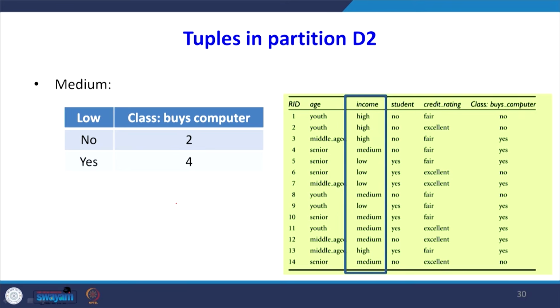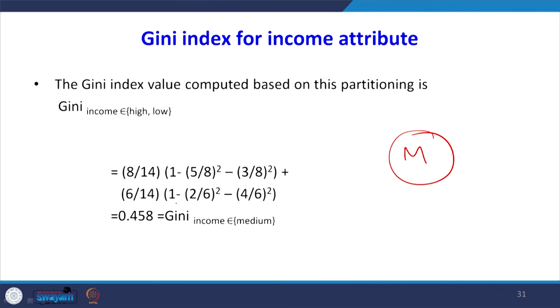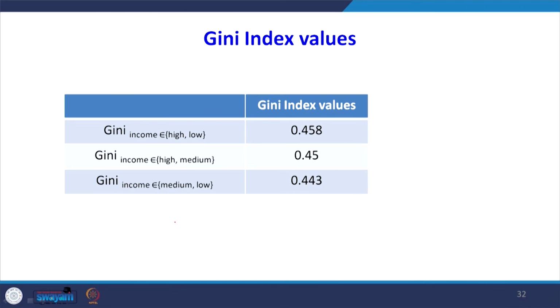There were 2 no, 2 divided by 6 whole square, minus 4 yes, 4 divided by 6 whole square. So, the Gini index for the group high and low is equivalent to the Gini index value for the medium group, that also is 0.458. We have completed all possible binary classifications.